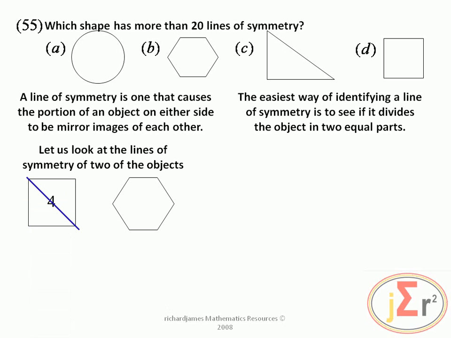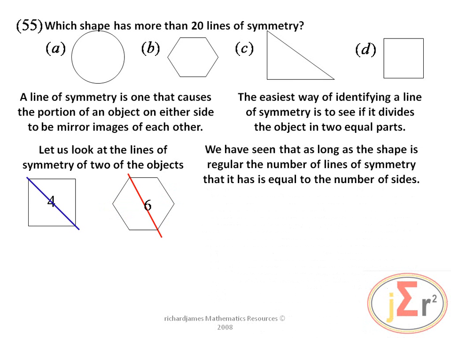This is our six-sided figure, and what do we call a six-sided figure? A hexagon. 1, 2, 3, 4, 5, 6 lines of symmetry. We have seen that as long as the shape is regular, the number of lines of symmetry that it has is equal to the number of sides.